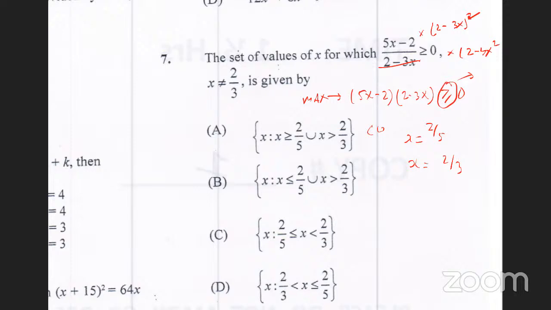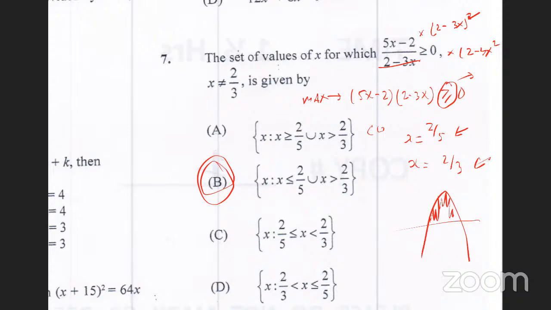Right, that will be for less than the smallest, bigger than the largest. Which one is that? Less than the smallest, bigger than the largest. Looks like B. B is the answer. Right, if it's a maximum, it just reverse the rules, right? Everything inside here.